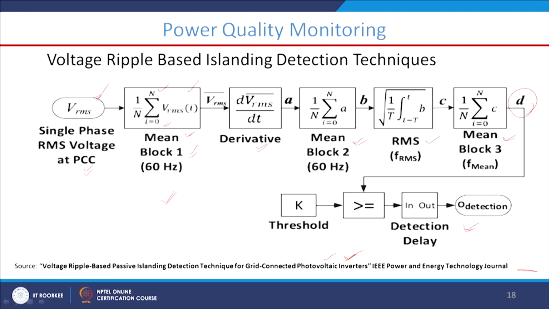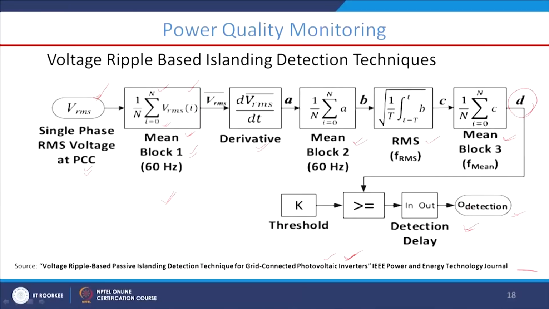This is one technique we discussed, based on power quality monitoring, where we take the voltage ripple and then the mean and average. The concern here is the threshold: what could be the value, and how to decide this threshold?